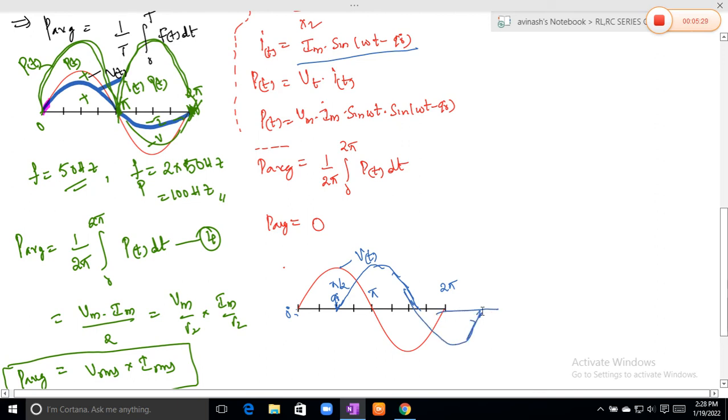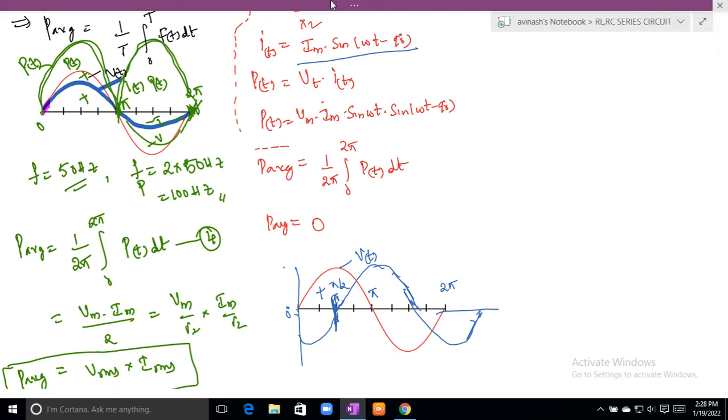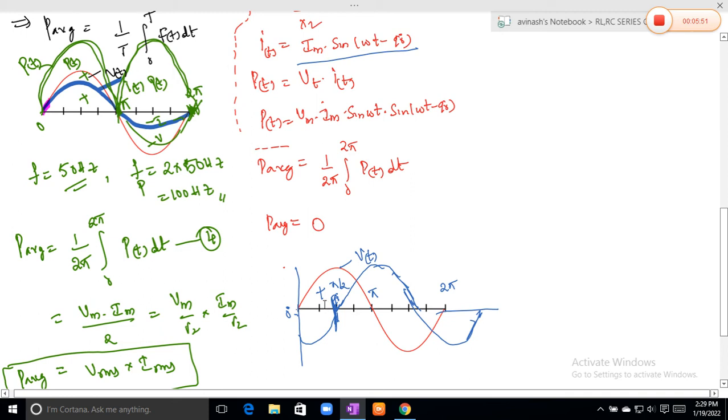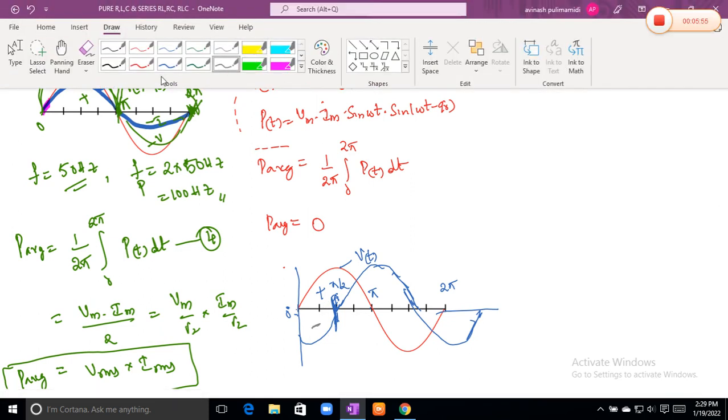Now, if you observe this, voltage is positive during 0 to pi.